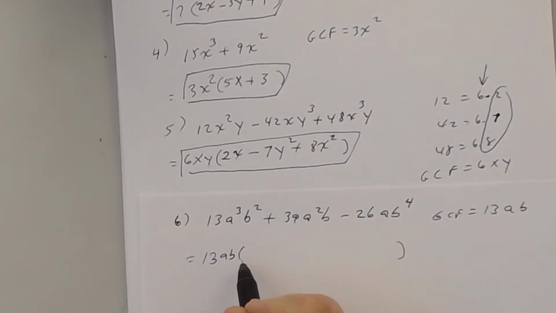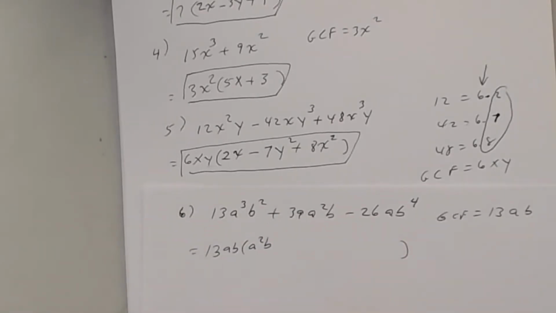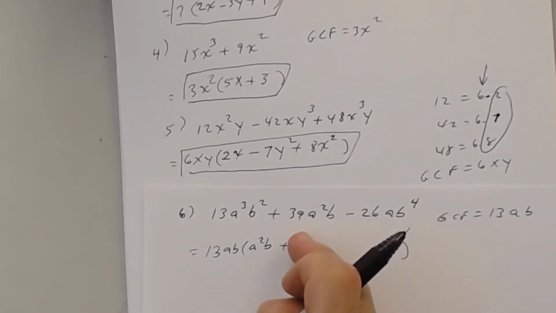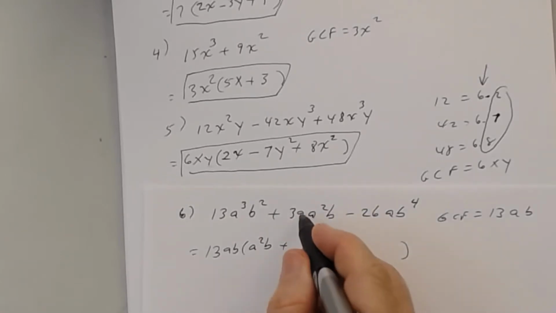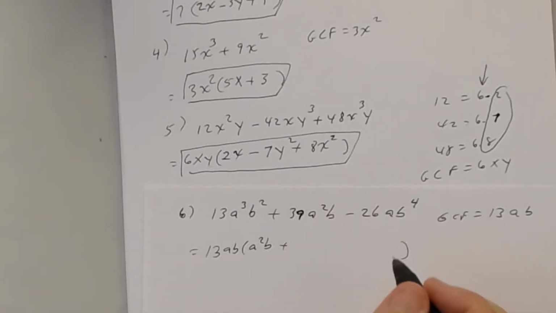13ab times what is 13a cubed b squared? A squared b. All right, I agree with that, because a times a squared is a cubed, and b times b is b squared. Plus 13ab times what is 39a squared b?